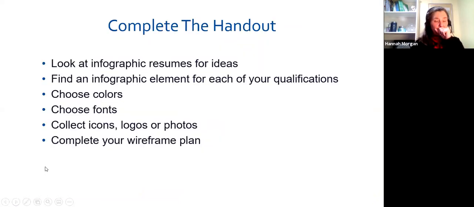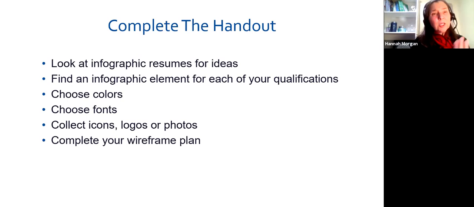So your homework is to look at infographic resumes for ideas of what you could incorporate into your own. That means you find an infographic element for each one of the different qualities that you plan on putting in your infographic. You're going to formally list the colors that you're going to use, the 2 or 3 colors that you want to focus in on. You're going to list the 2 fonts that you're going to use.